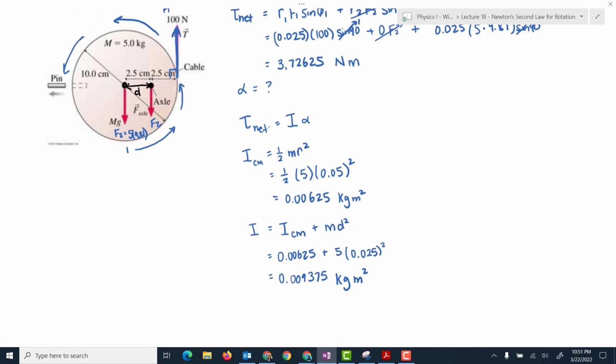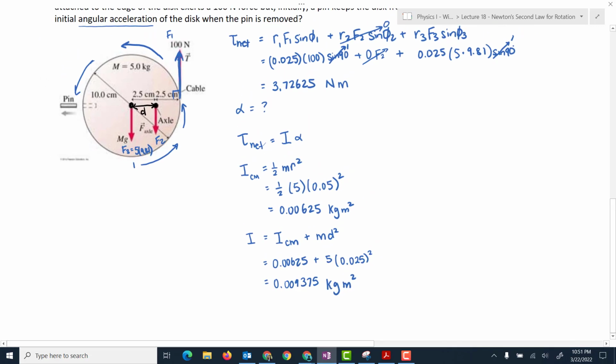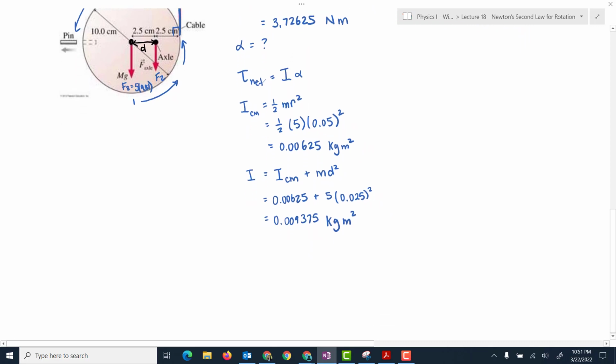Okay, so now that we know our net torque and our moment of inertia, we can go ahead and use this formula here to solve for alpha. So alpha, if I rearrange, is net torque over the moment of inertia. My net torque was 3.72625 over the moment of inertia, which is 0.009375.